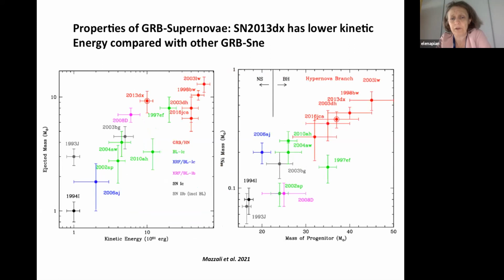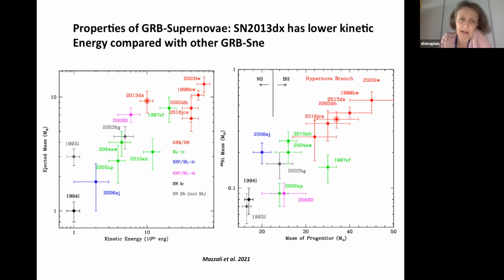On the left, you see the ejecta mass in various core collapse supernovae, including gamma ray burst supernovae, as a function of the kinetic energy. And as expected, gamma ray burst supernovae occupy the top right corner of this viewgraph, meaning they represent the higher energy, higher mass tail in the distribution of all core collapse supernovae.